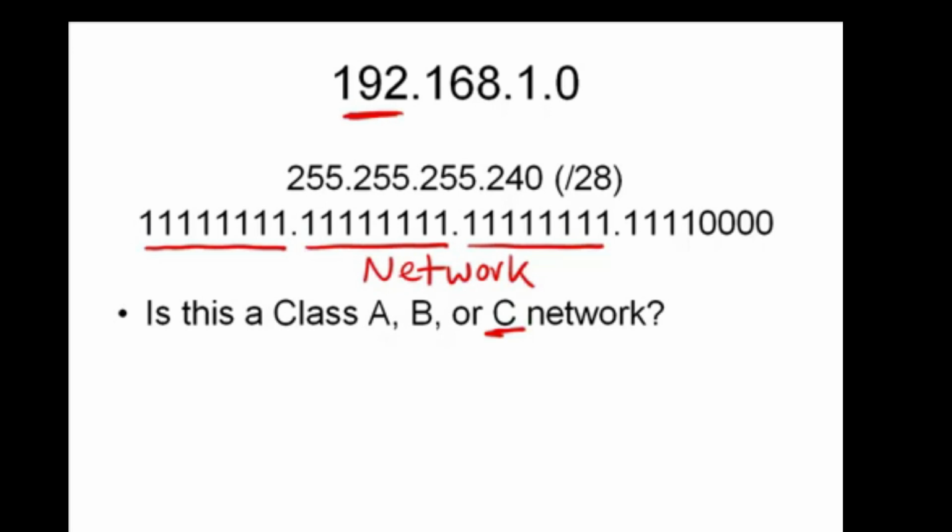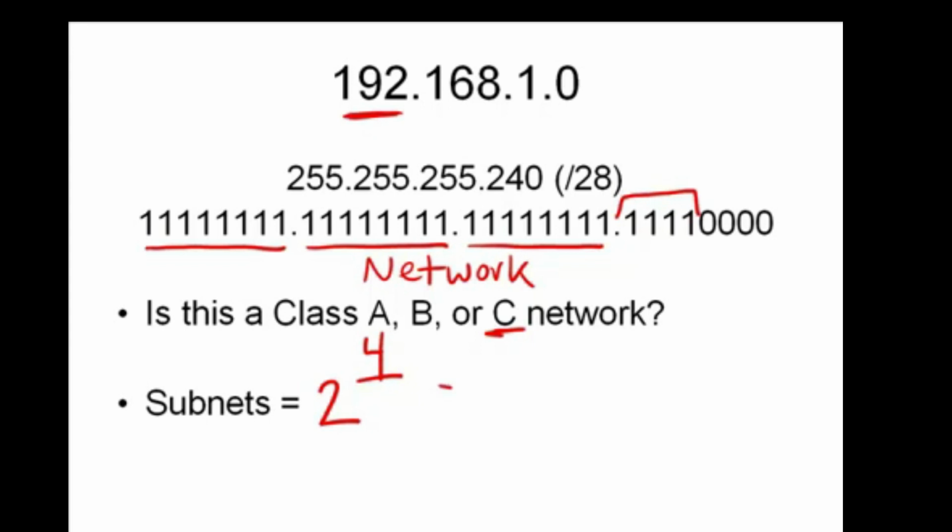Well, it's good to establish that because when we want to find out the number of subnets we can create with this new subnet mask, the formula requires us 2 to the power of what? Well, we know what our network bits are. We can't touch them. That means the remaining ones in the subnet mask have to be our subnet bits. So here we have 4.